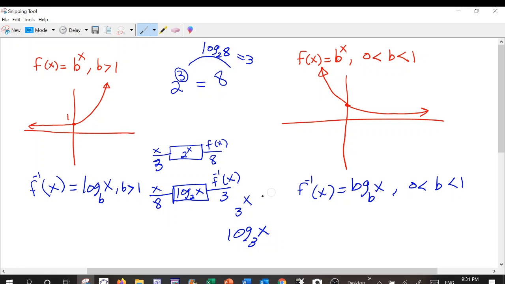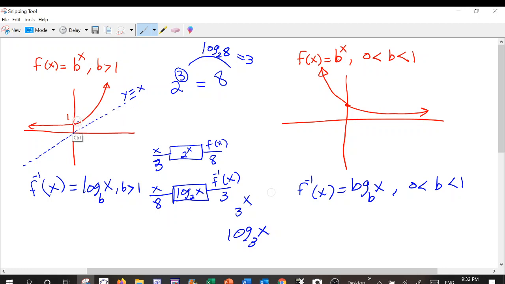Okay. Now, if we want to graph it, how do we graph it? Well, in algebra before, in other chapters, we talked about the property of inverses, that two inverses are not reciprocal, but symmetric with respect to y equals x.